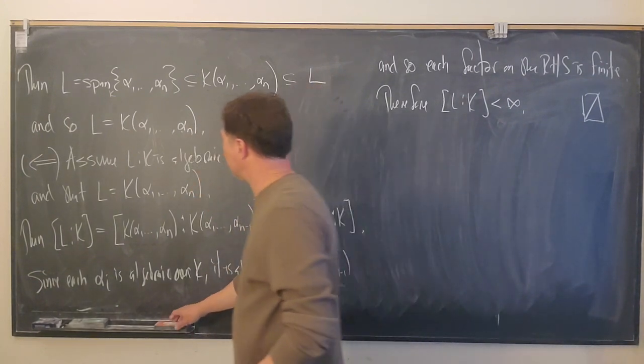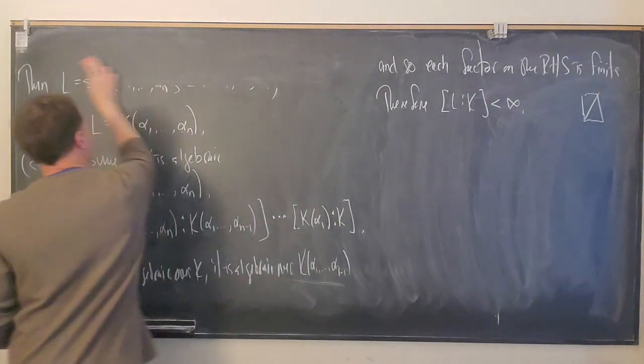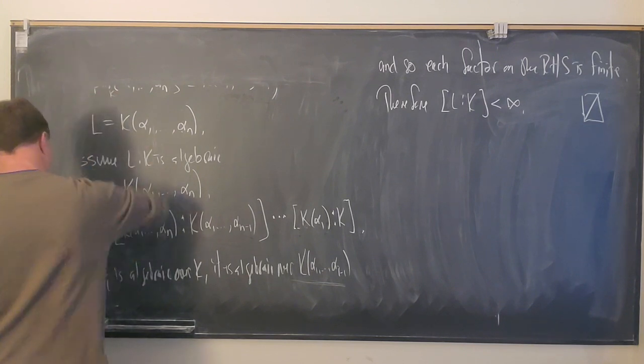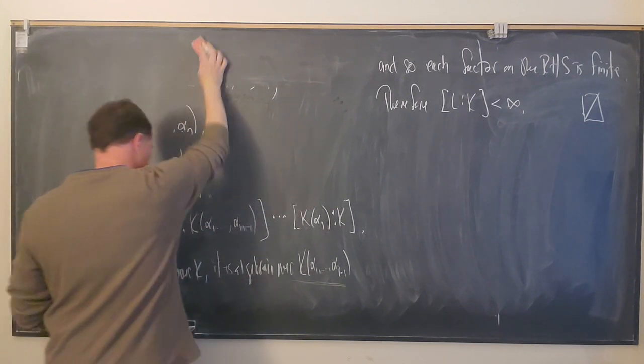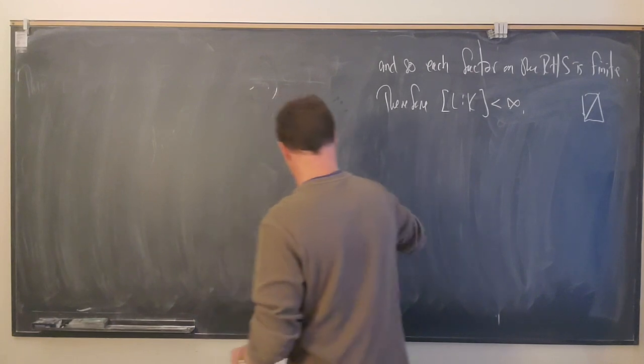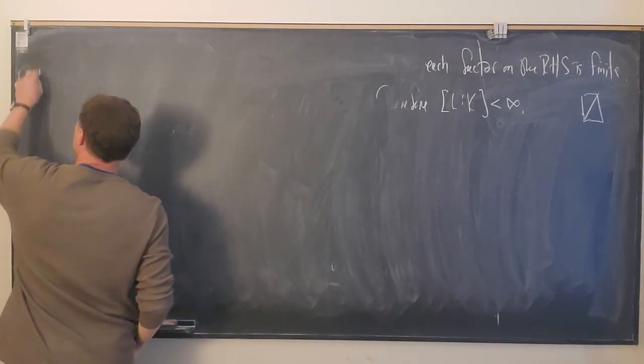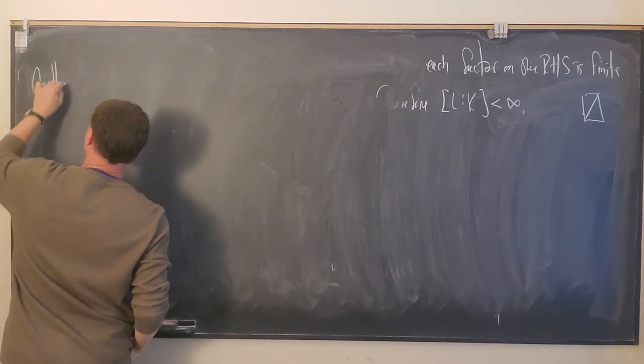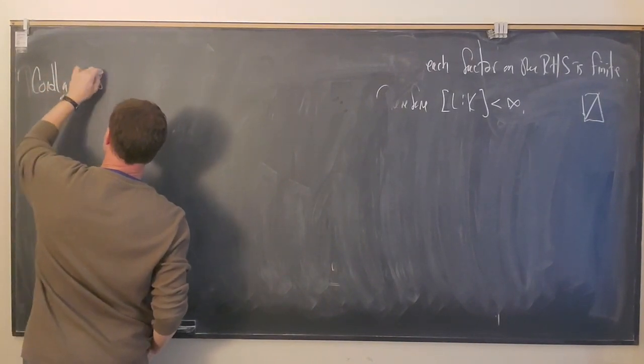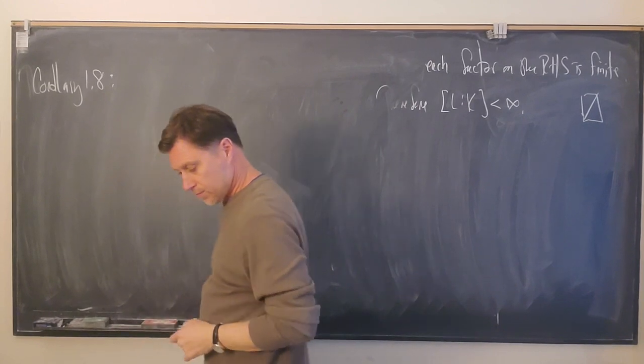Okay, so now there's a couple of corollaries, and we're going to prove one of the corollaries now. So a couple corollaries to this theorem. So this would be corollary 1.8.